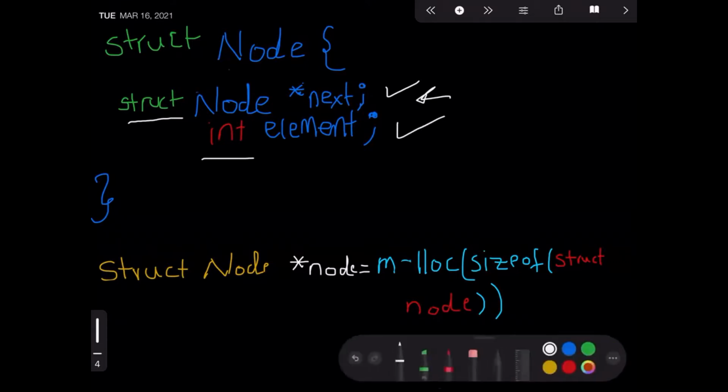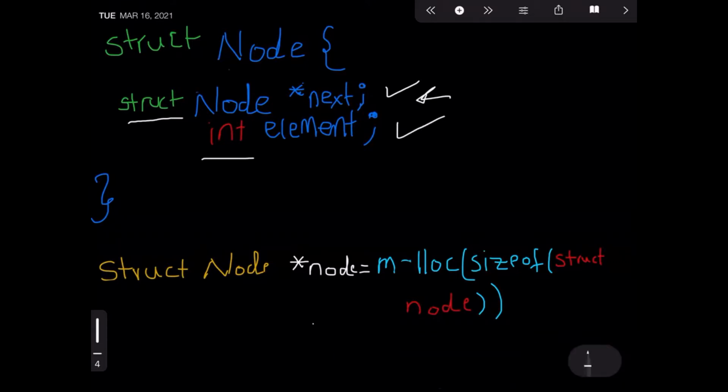Now, the way we malloc a node in the memory, we use the function malloc in C, and we also use sizeof to get the size of the struct itself. And we also have here a pointer named node that is a type of struct.